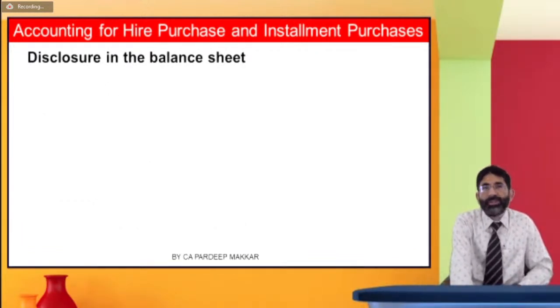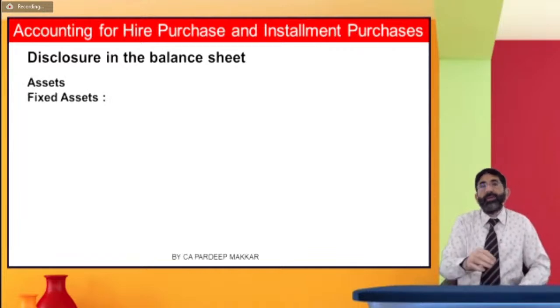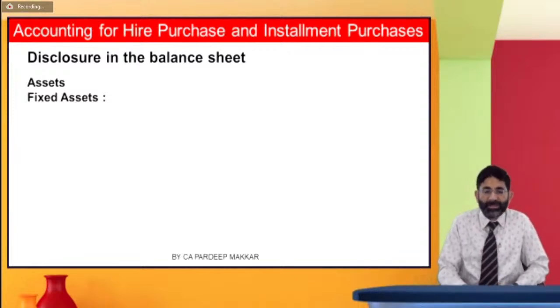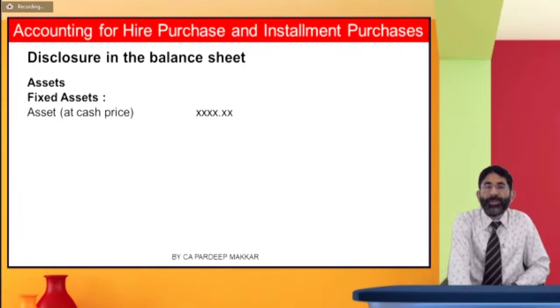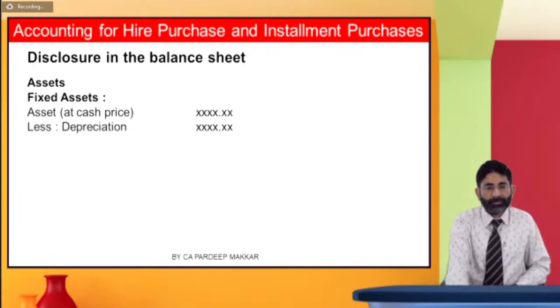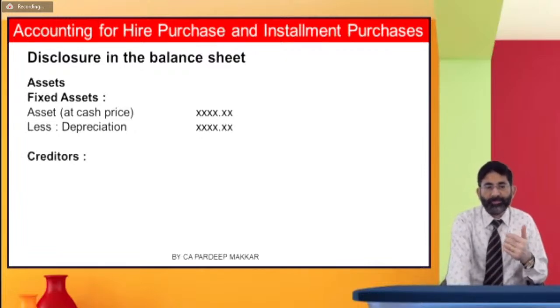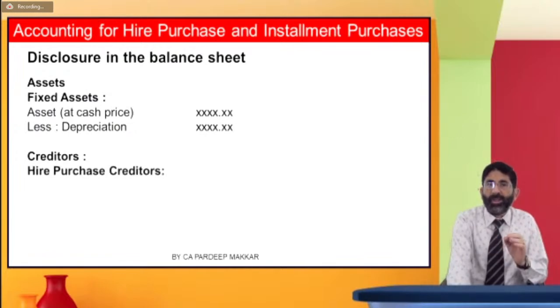Simultaneously, how to disclose it in the balance sheet? In the balance sheet, we have a head named fixed assets. It will be shown as our asset at cash price, not at the HP price, beta, less depreciation, whatever depreciation has to be deducted, and the balance amount will be shown there. The hire purchase creditor will be shown with the balance in the hire vendor account.